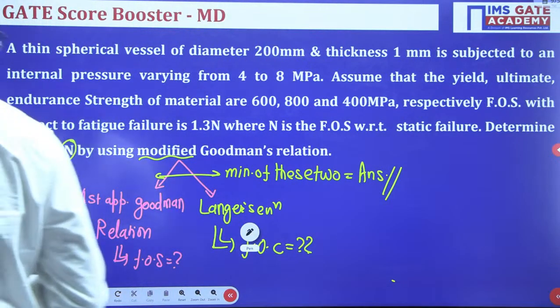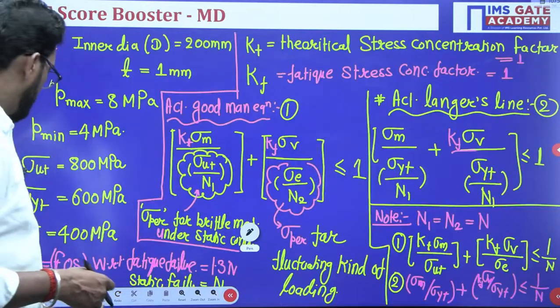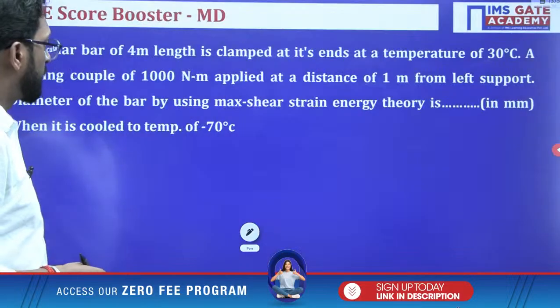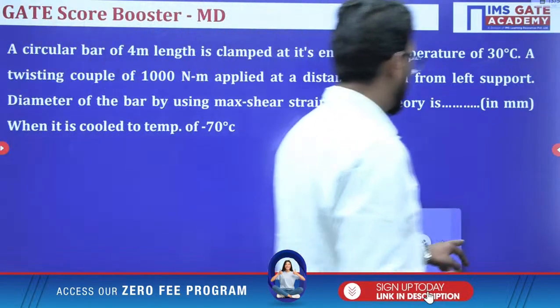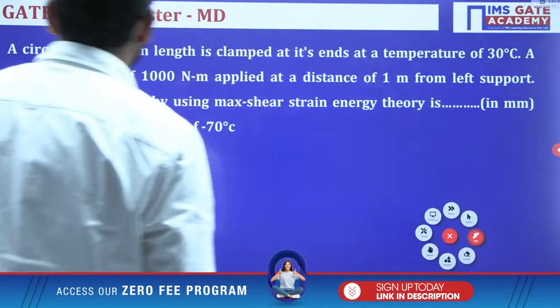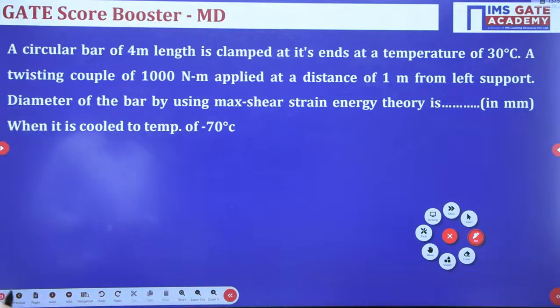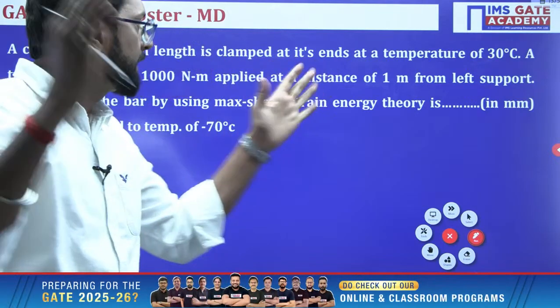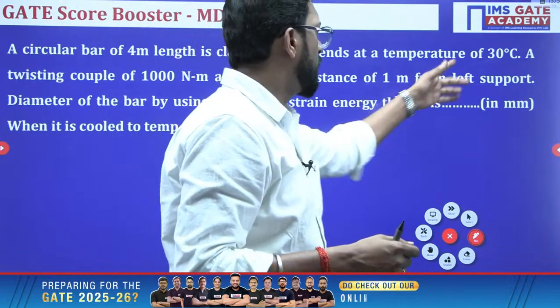Now the next question is this one. Please read this question carefully. A circular bar of 4 meter length is clamped at its ends at a temperature of 30 degrees centigrade.